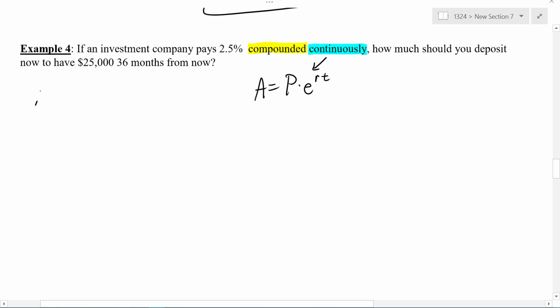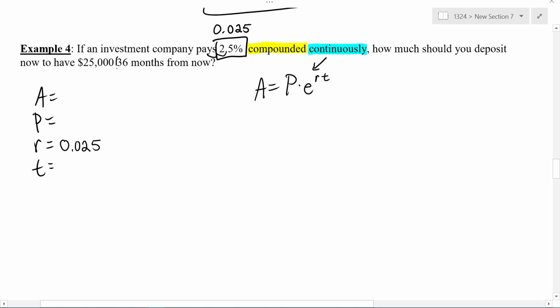So we need to know what is A, what is P, what is R, and what is T. So let's go for the interest rate, 2.5%. So we know that's going to be move the decimal place 2 spaces to the left. So that's 0.025 written as a decimal.